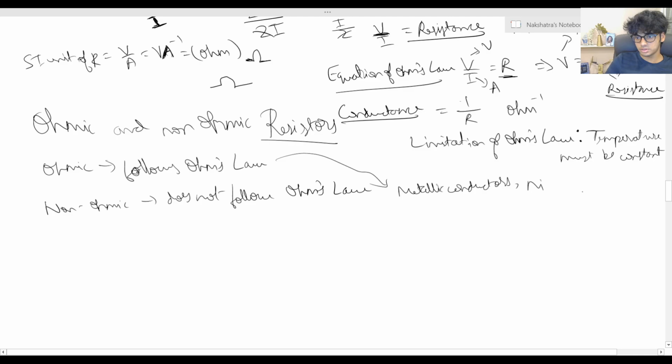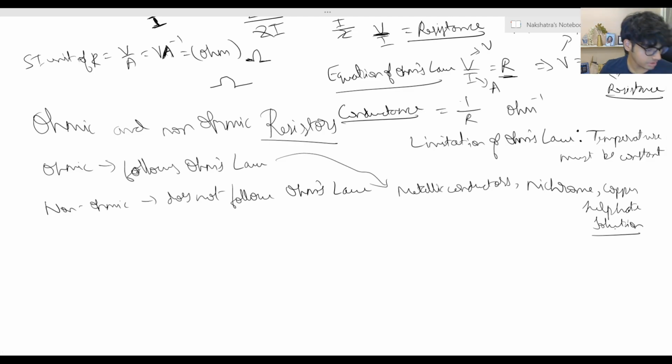Okay, we'll talk about this in a little bit. You will have copper sulfate solution. Okay, this is a solution. This is an electrolyte. You will study about this in chemistry, but just know this also follows Ohm's law, okay.